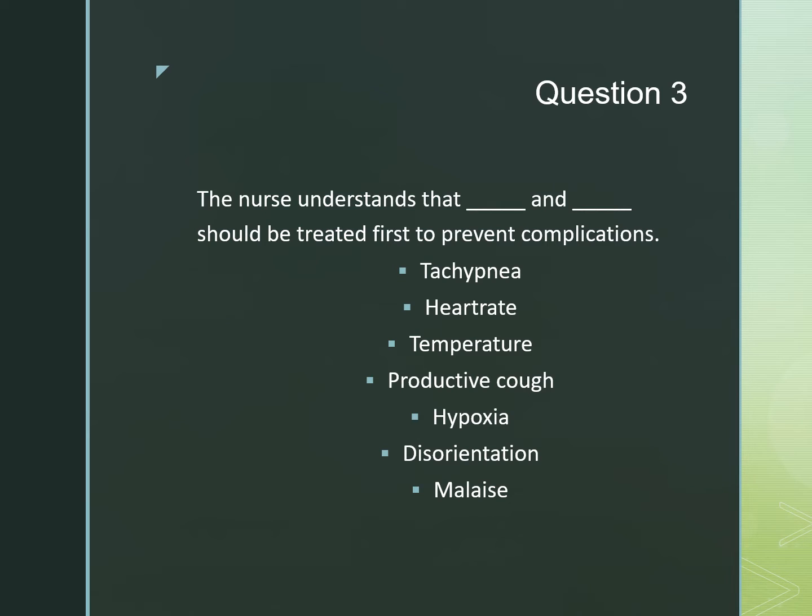Okay, so the nurse understands that what and what should be treated to prevent complications. The tachypnea or rapid breathing and the hypoxia, the lack of oxygen, is going to be what we need to look at.